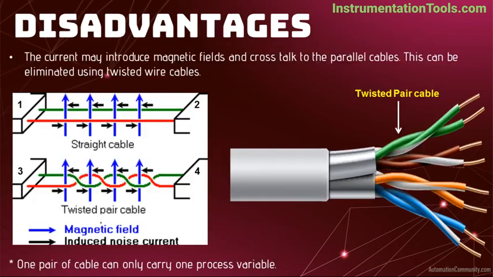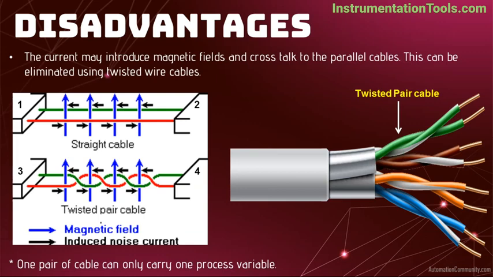We have two disadvantages. The first one is, the current signals may induce small magnetic fields in straight wires. This magnetic field may affect the current signals traversing in the wires. To avoid this problem, we use twisted pair cables. We need a minimum of 2 cables, meaning 1 pair.